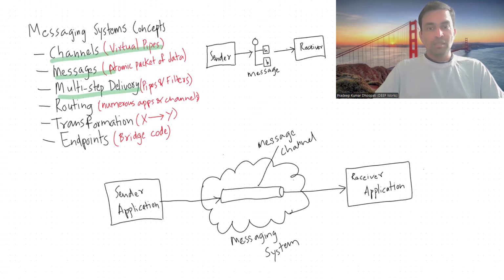For example, if the sender is sending a message, there should be some filter in between, or transformation is required, or any format change is required, and the receiver is expecting a different format than the sender is sending, then those kinds of steps are executed between the sender and receiver by different application components, which we will dig deeper into in the coming sessions. But generally, we call them pipes and filters.